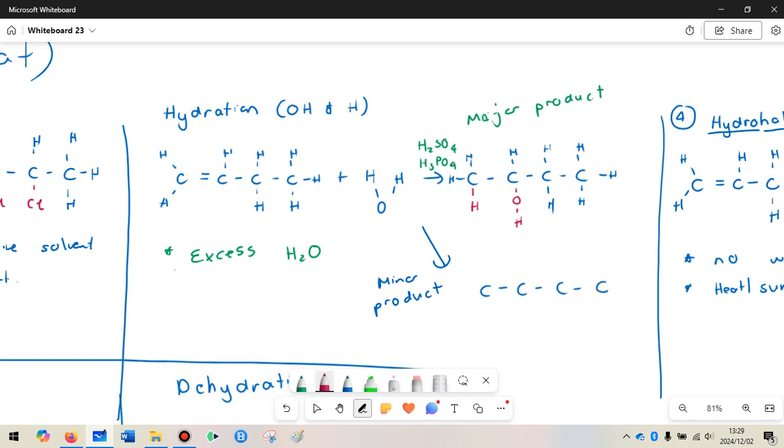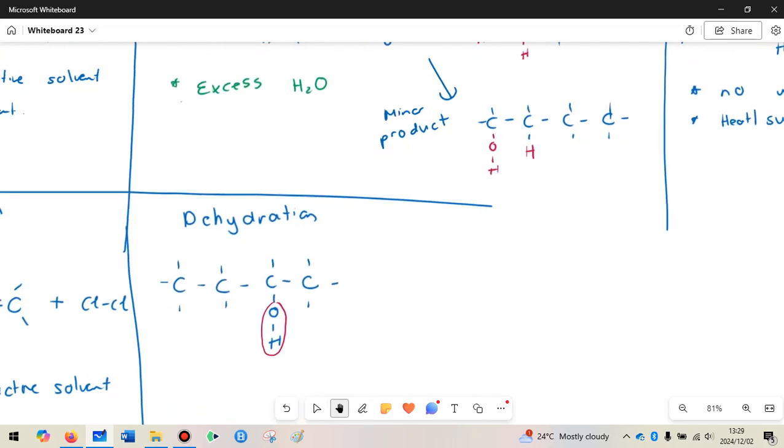Now it gets added to the carbon that had the most hydrogens to begin with. A very small amount of the product that forms is this minor product. You don't draw the minor product unless they specifically say to draw the minor product in this reaction. Otherwise, if they don't ask, you always just assume it's the major product.